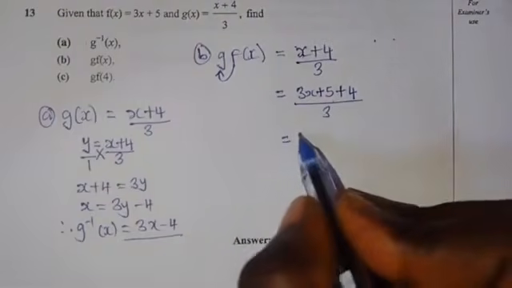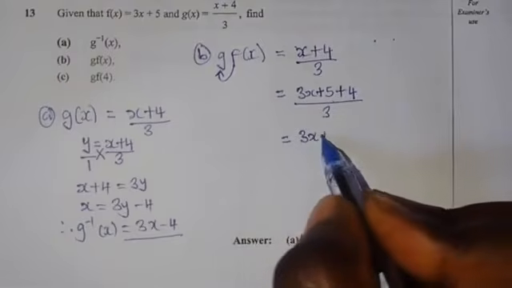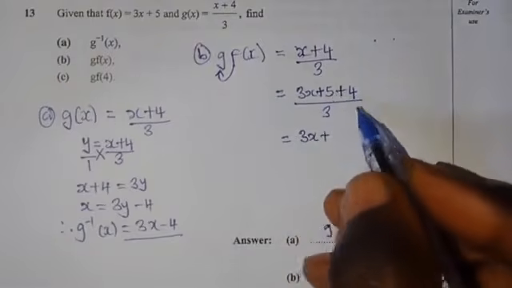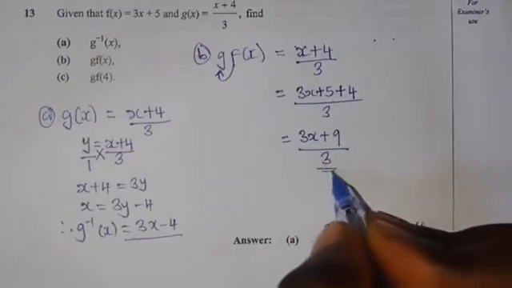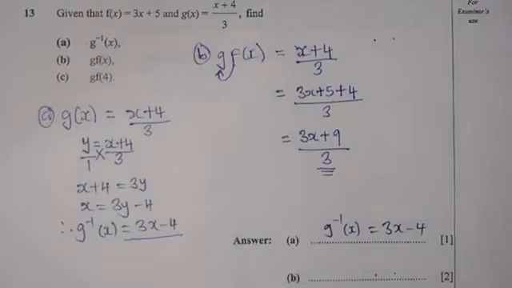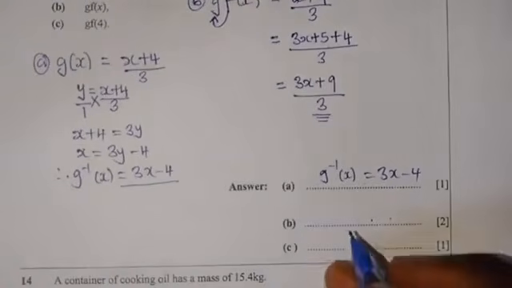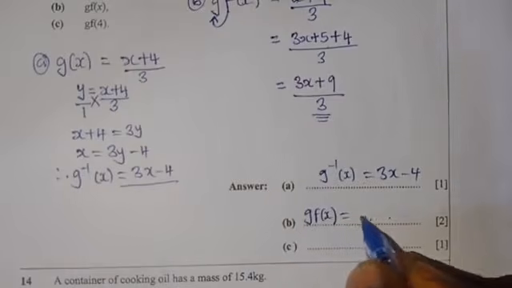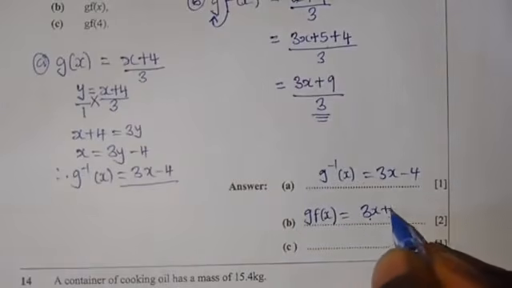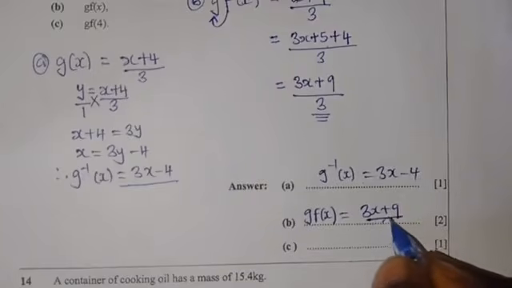We can simplify. So we have 3x plus 5 plus 4 to give us 9 over 3. So this is the gf function of x. That is our answer. Okay, so here we can write our answer. gf of x, we have found that it is (3x plus 9) over 3.